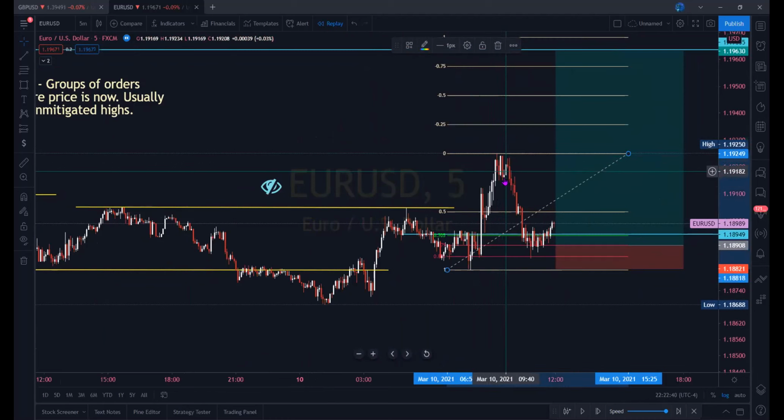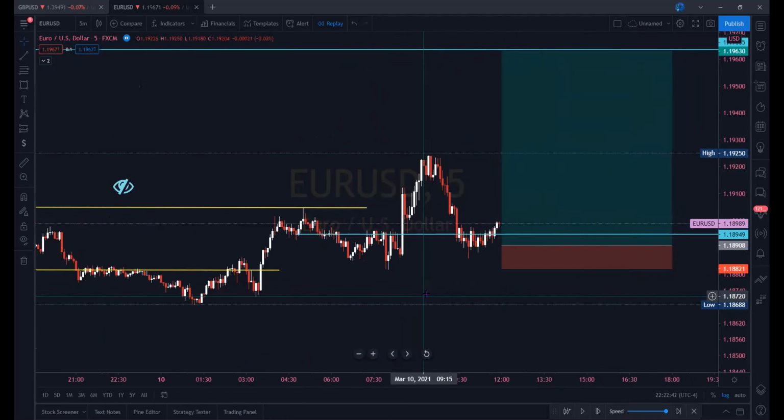So this is the move, right? The original candle is going to be this one, or you could have done this one. Either way, it's correct, but I would have done this one very simply because it's the first one that actually showed bullish structure. So I would have put it right around here.